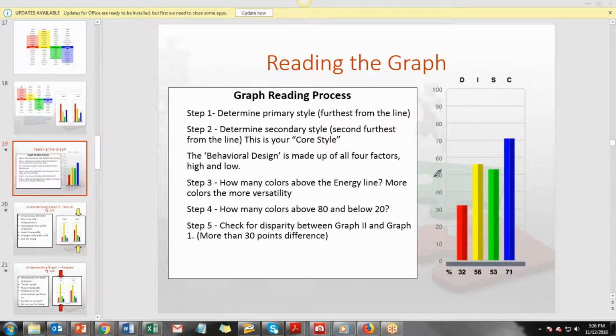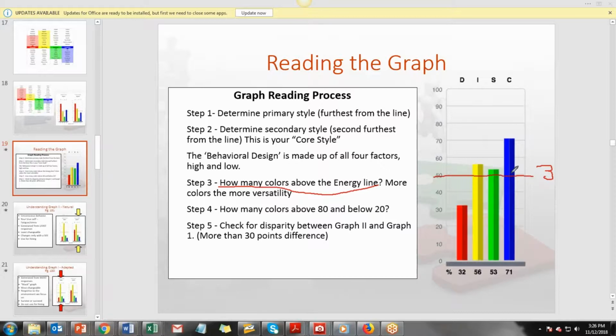The next step, step 3, is how many colors are above the energy line. The more colors above the energy line, the more versatile and adaptable the person may be. The fewer colors above the energy line, the less adaptable that person is going to be.